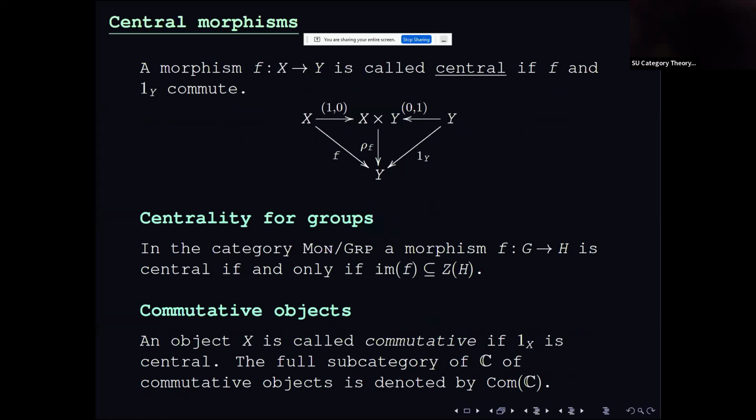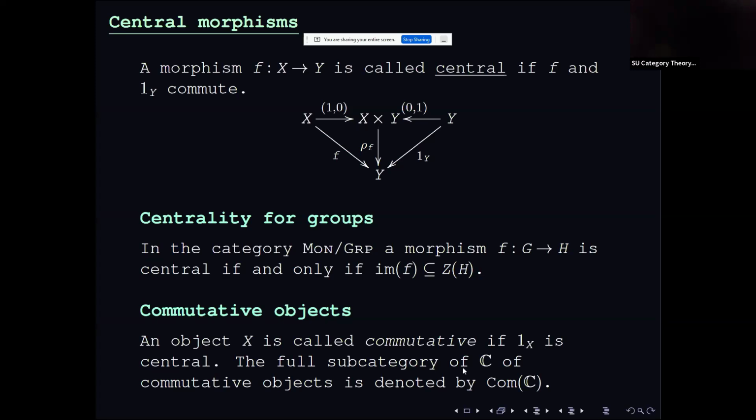Then we say that a morphism is central if it commutes with the identity on its codomain, which is just what this diagram is saying. In the category of monoids or groups, a morphism is central if and only if its image lies in the center of its codomain. Lastly, an object is commutative if the identity is a central morphism.